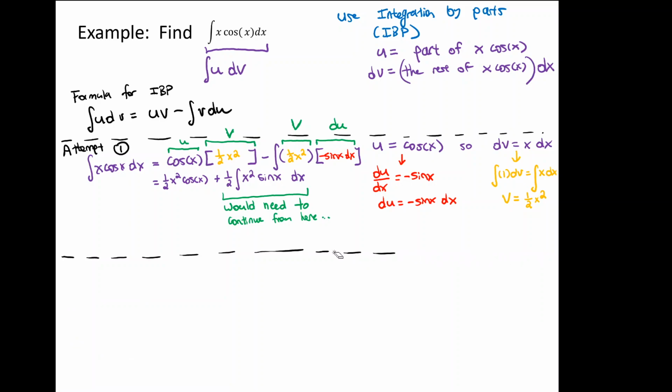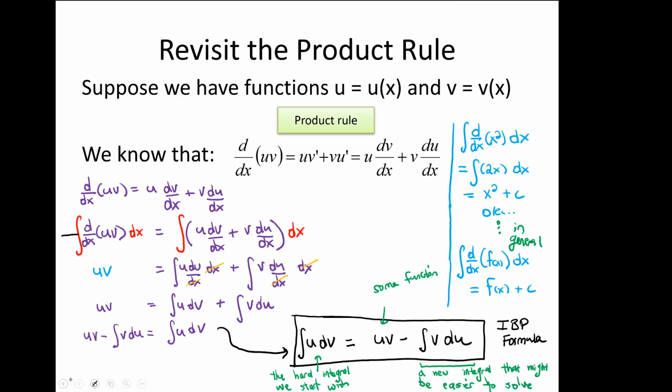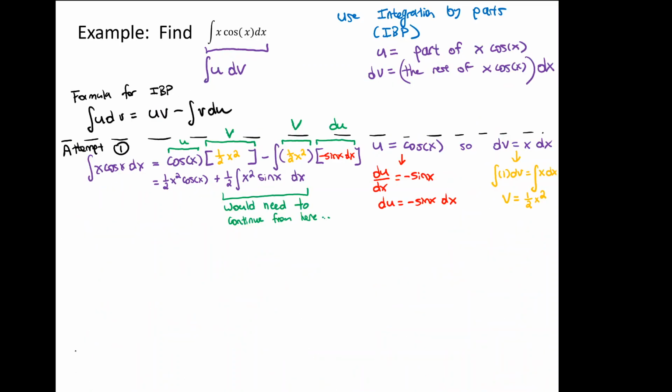Okay, in method 2, or attempt number 2. So thinking back to the step where I said u is equal to cosine of x, so everything else is going to be x dx. Well, we're going to make the other choice. Instead of letting u equal cosine of x, we're going to let u equal x.